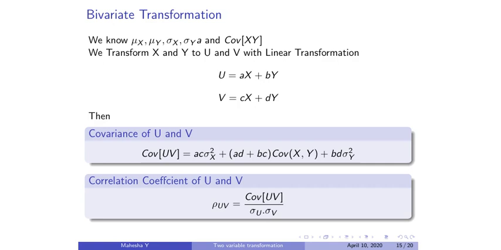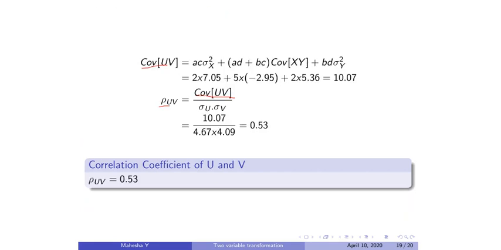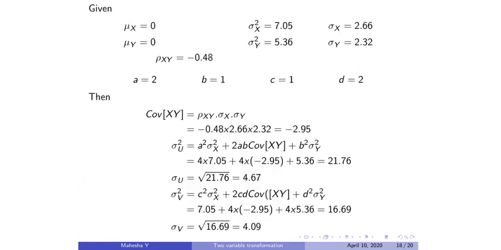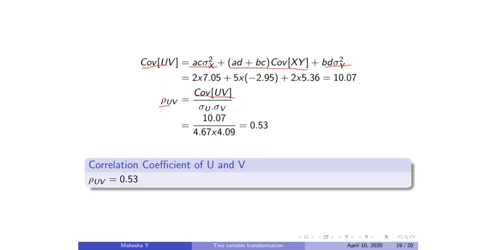Substituting: A into C is 2 times 7.05, plus 5 times the covariance we calculated here, minus 2.95, then BD into sigma y square is 2 times 5.36. Substituting, you will get 10.07 as the value.